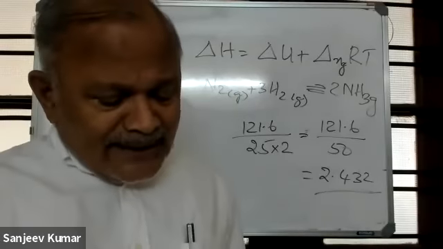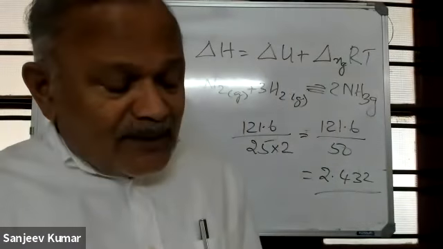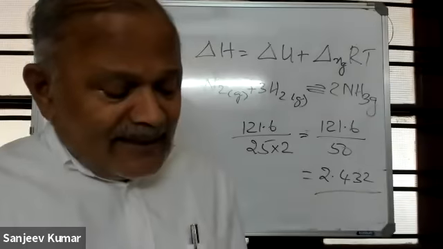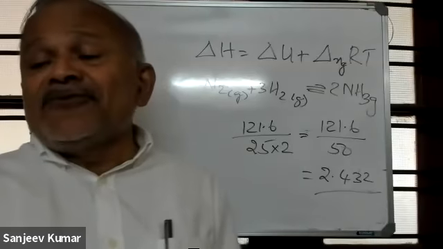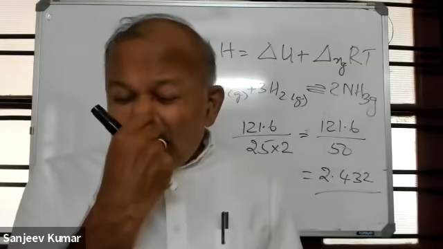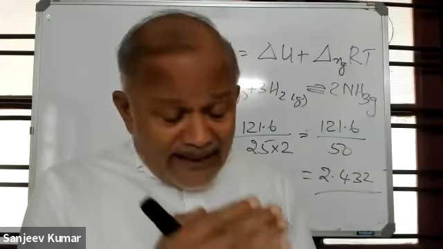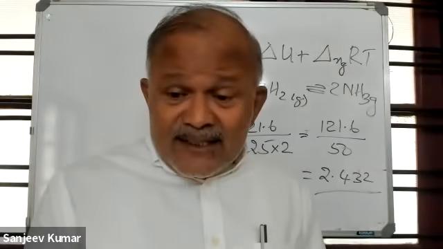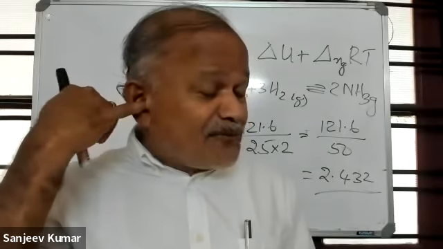The 10th question is: at 298 Kelvin, the enthalpy of fusion of sodium metal is? What do you mean by enthalpy of fusion? It is the heat required to convert 1 mole of a substance, solid, into its liquid at its melting point. That is enthalpy of fusion.